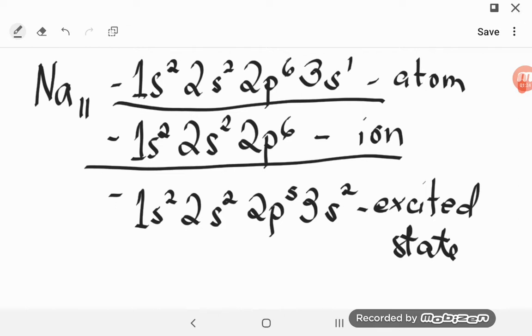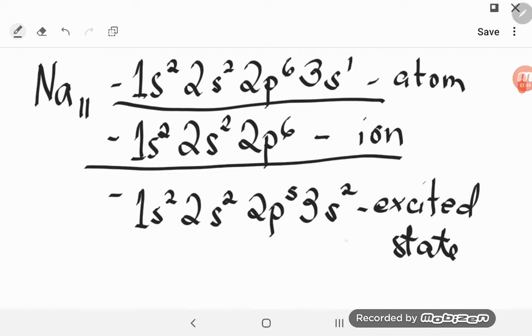It might be transferred to another ion, but it does not mean that the entire atom was changed totally into another form, because the number of protons is still 11. So the new electronic configuration would be 1s2, 2s2, 2p6.